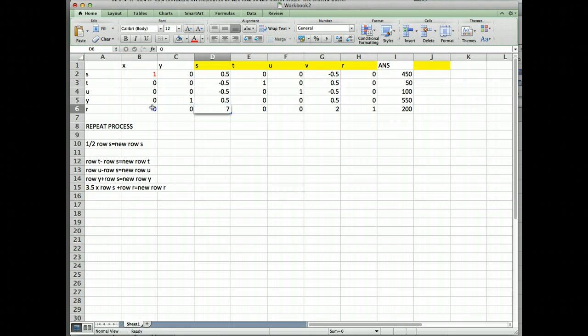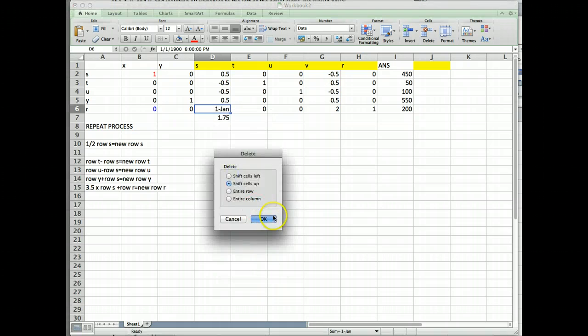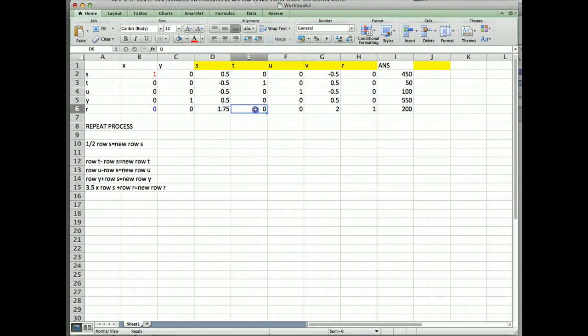Now I've already done some of the math here, so I'm going to go ahead and fill this in. 7 divided by 4. Let's put in the decimal, 1.75. 0, 0.